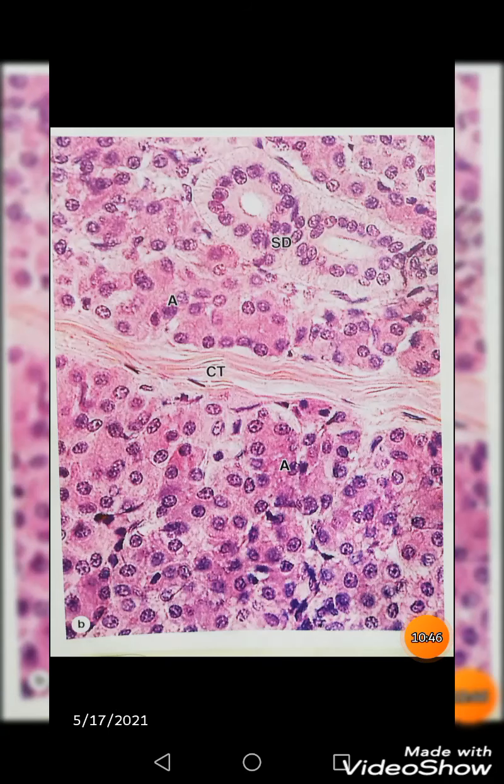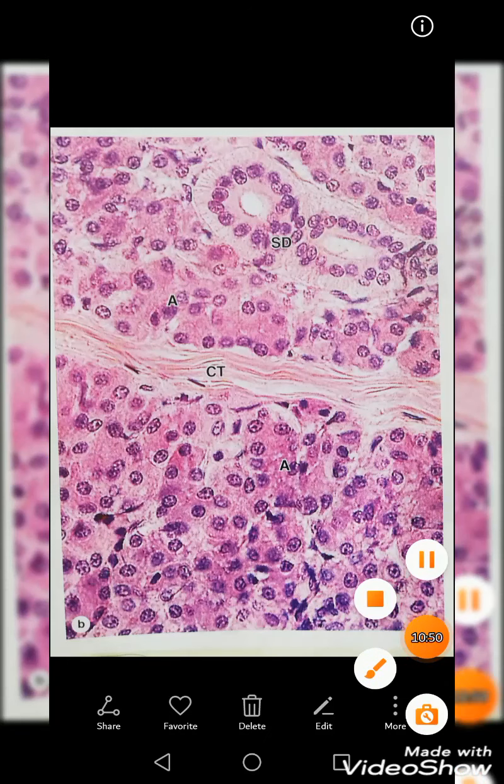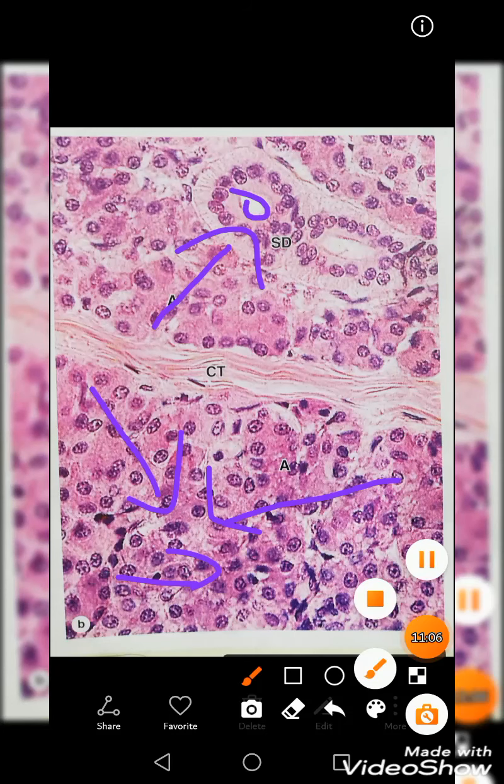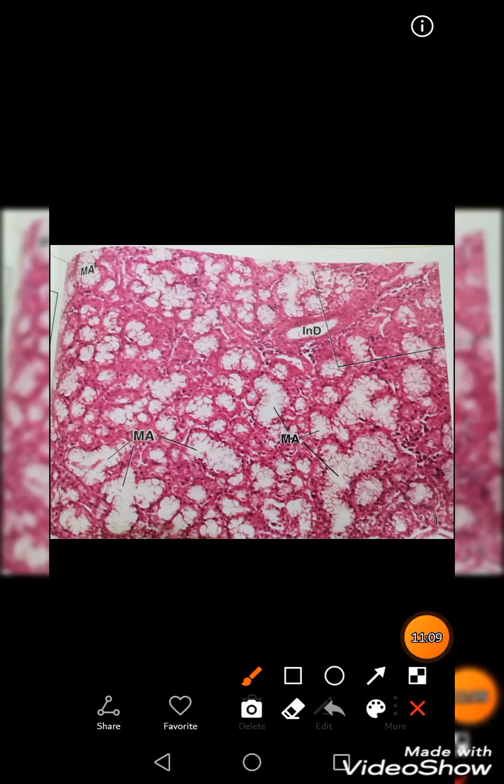This is a histological view of the parotid gland, in which you can see the whole area covered by the serous acini, and you can visualize the striated duct over here, identified with the help of columnar epithelium and a clear lumen in between, right? And this is the look of the sublingual gland, its histological section.